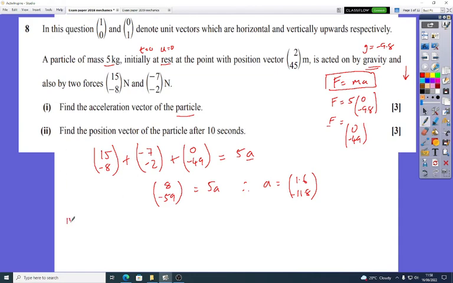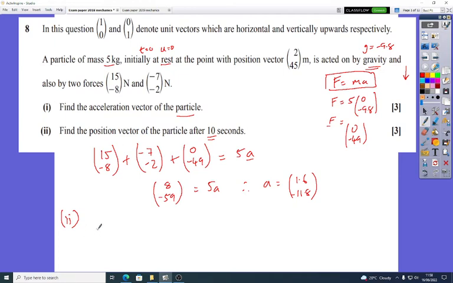Number 2, now it goes here, find the position vector of the particle after 10 seconds. Okay, so we know that initially it's at rest. We've got the acceleration, we've got 10, we need the position vector.